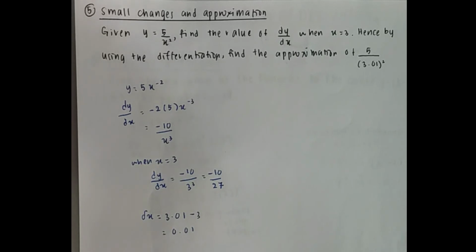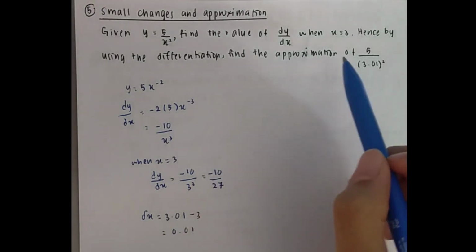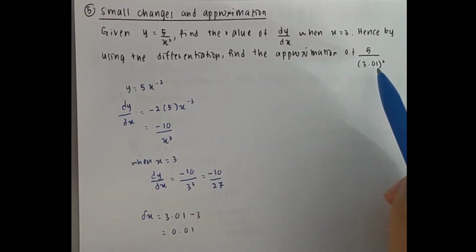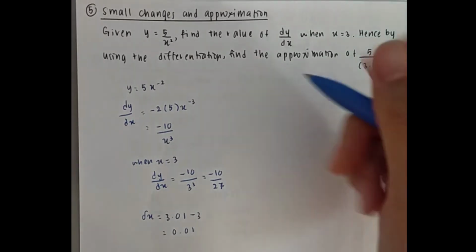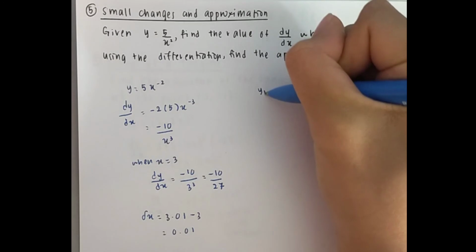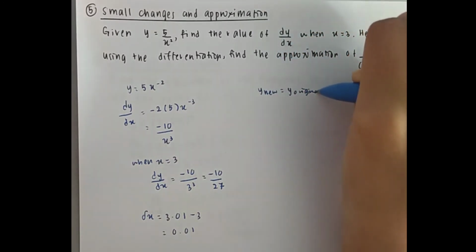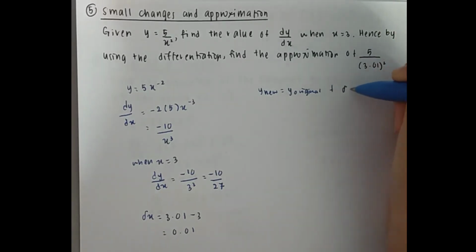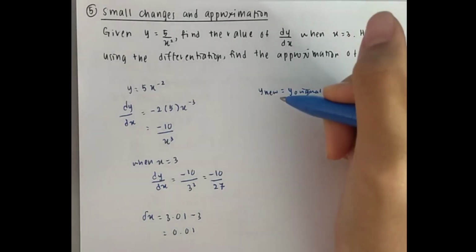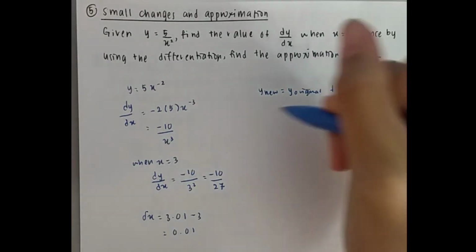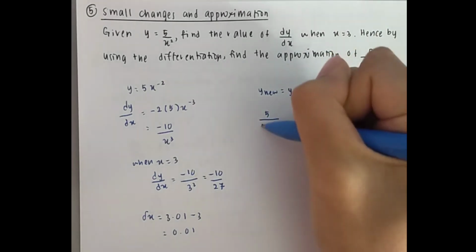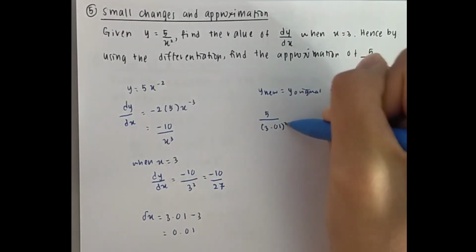To find the approximation of 5 over 3.01 squared, we need to use the formula y new is equal to y original plus delta y. We know that y new is 5 over 3.01 squared.